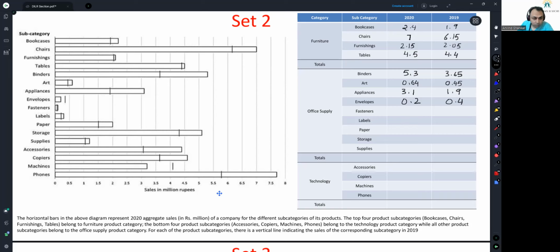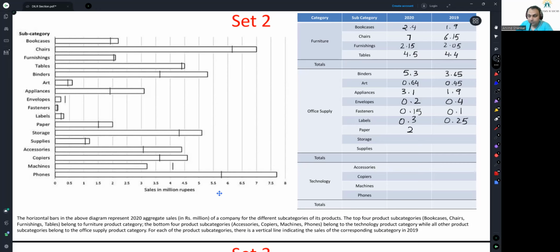Fasteners, 0.15 and 0.1. For labels, 0.3 and 0.25. For paper, 2 and 1.5.